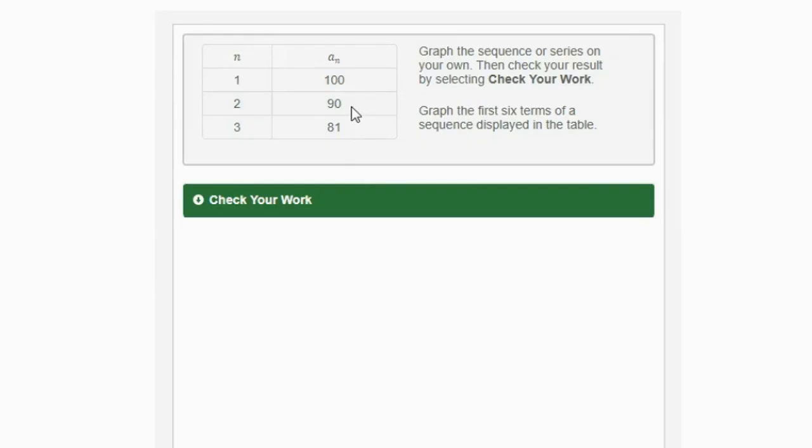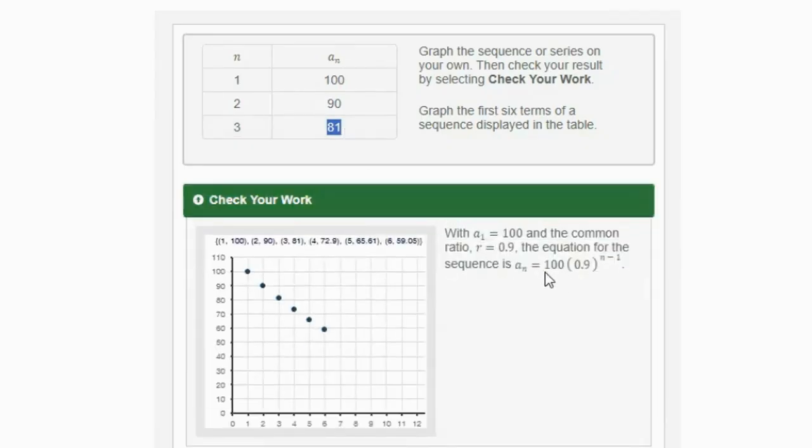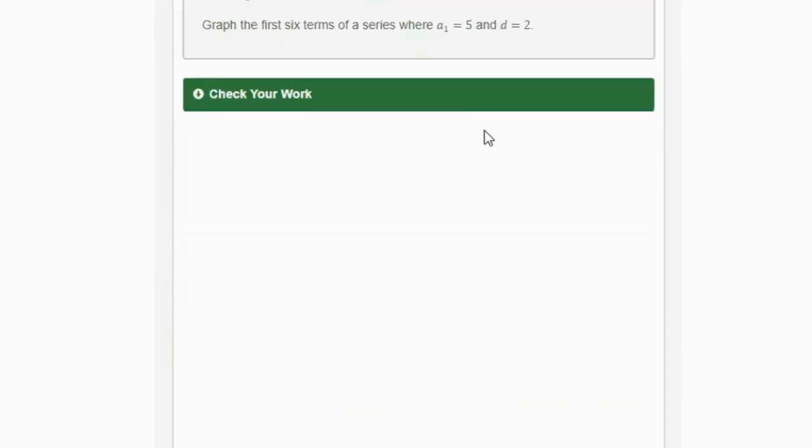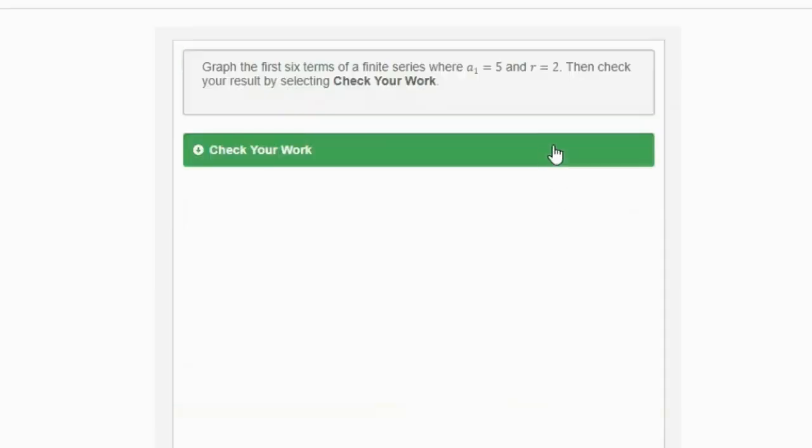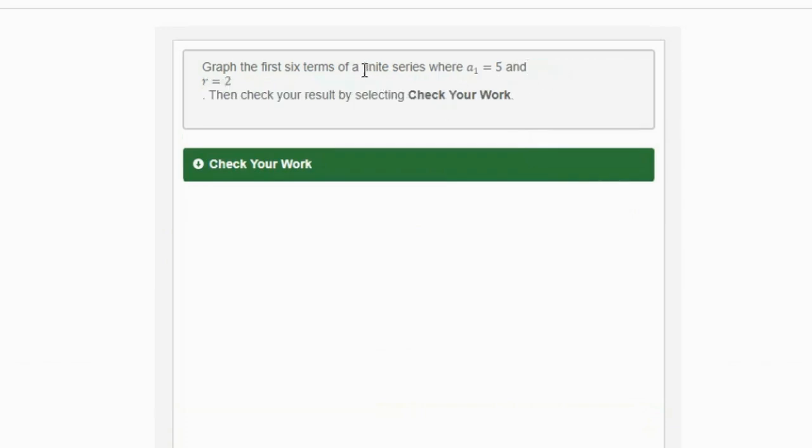So you got an R of 0.9 because 100 times 90% would be 90, 90% of that would be 81. Yep, 0.9. Fifth one, 6 terms of a series. A1 is 5, D is 2. And R is 2. Finite series.